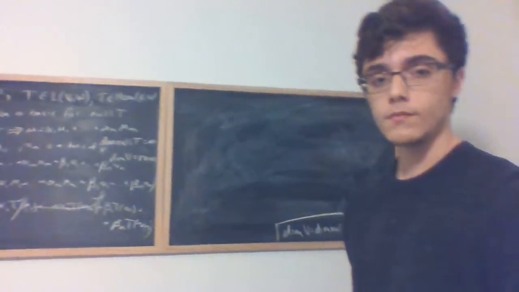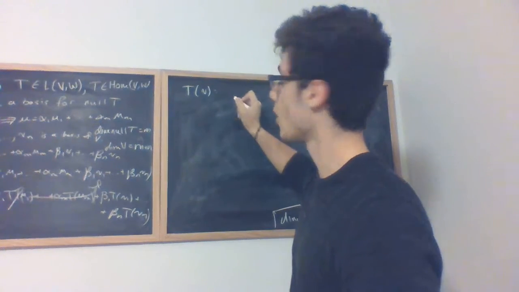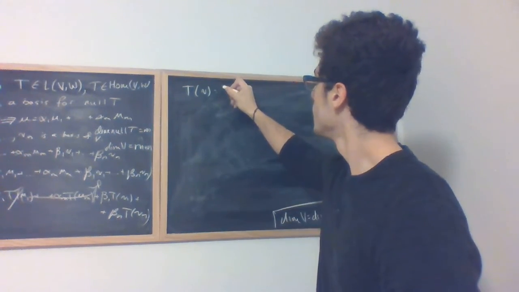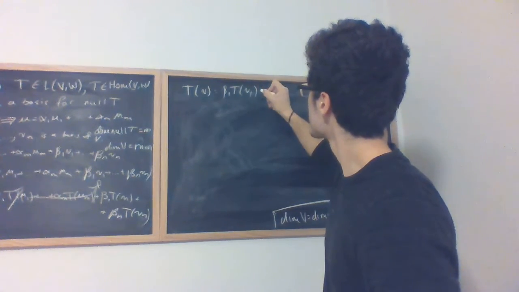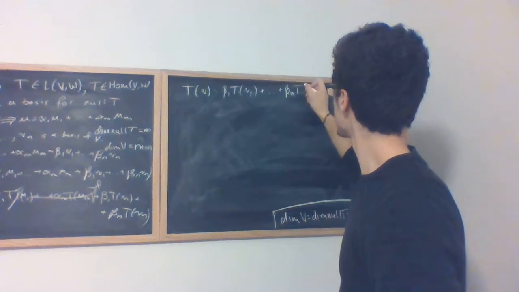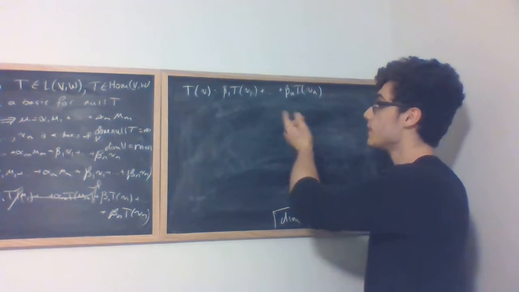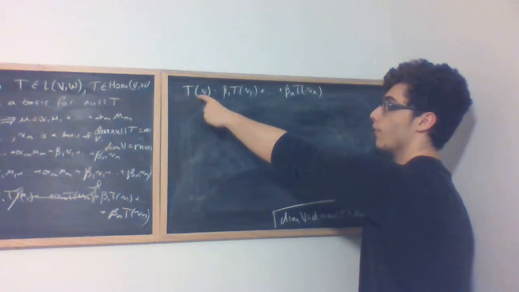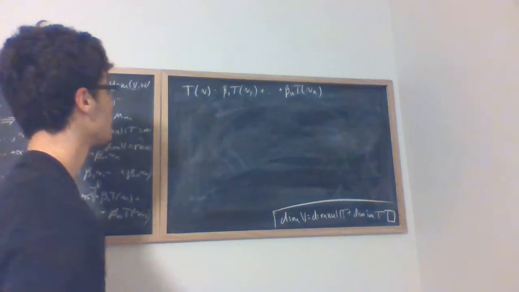And now we're in the home stretch because T of v, this arbitrary element of the range, is just a linear combination of these vectors of vn. And just looking at this, we see that the range of T is going to be spanned by this set of vectors.